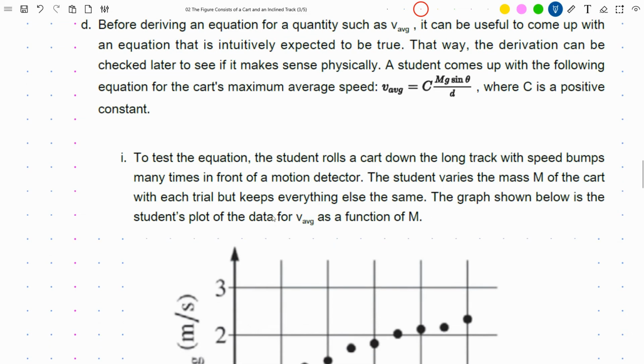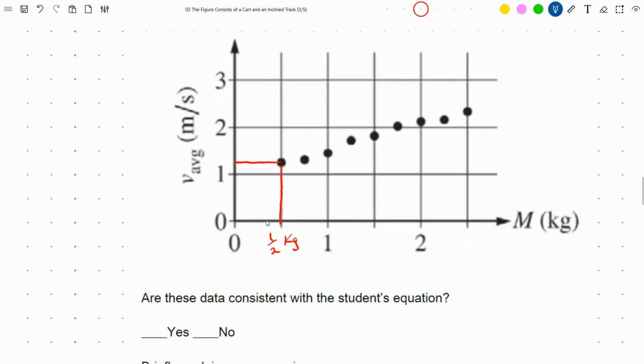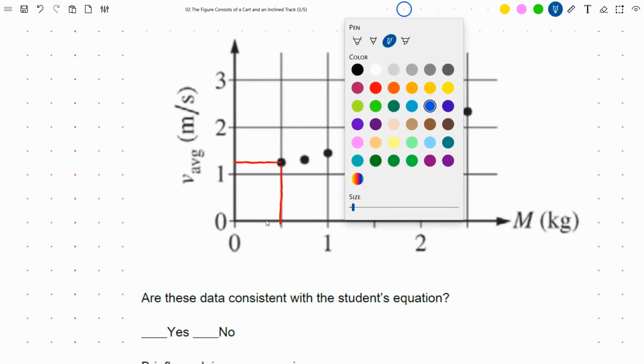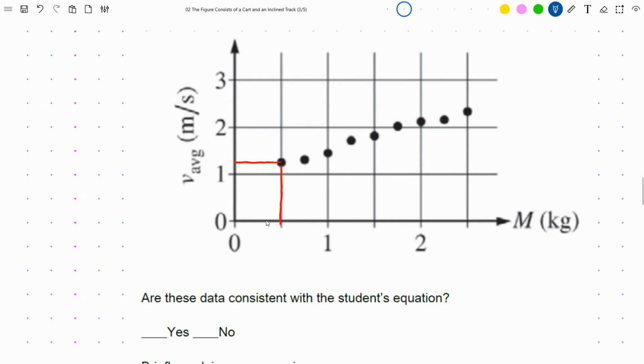Well, if you recall, I was predicting that the average velocity should be proportional to mass. If you bump up the mass by any factor, I would expect the average velocity to be affected by that same proportion. Notice, for example, that in going from half of a kilogram to 1 whole kilogram, the mass doubles.